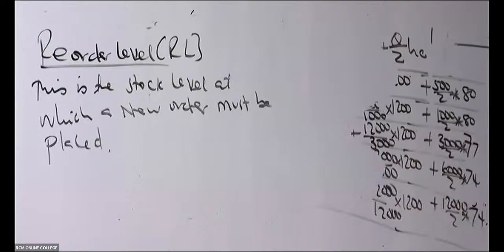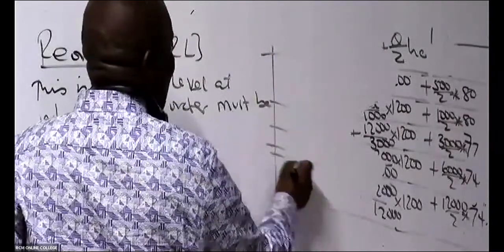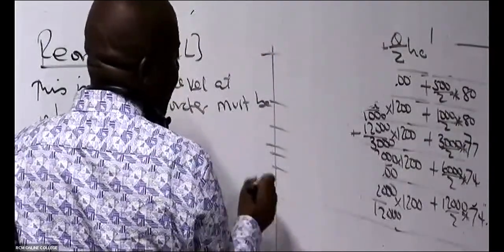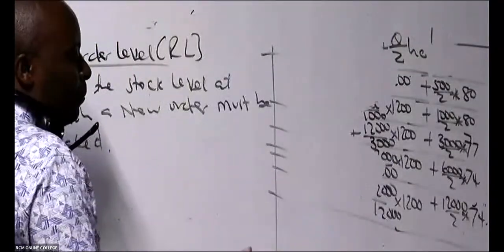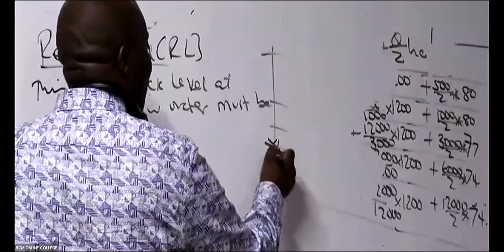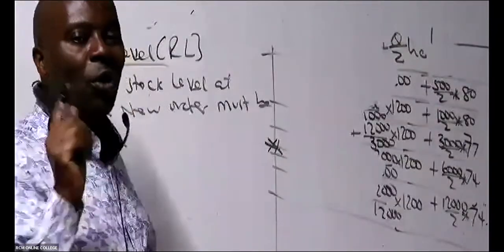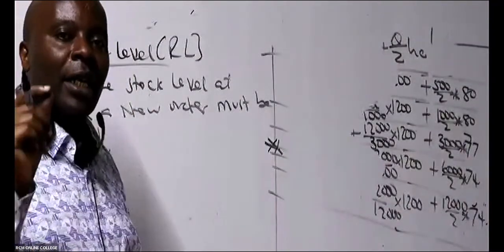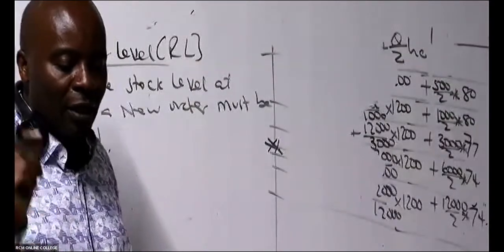You can't go down to 0 before you start placing an order. If you go to 0, you're going to run out of stock. You'll experience what we call a stock out. So you must set a level at which, once we reach it, a new order has to be placed. That level is what we call the reorder level.